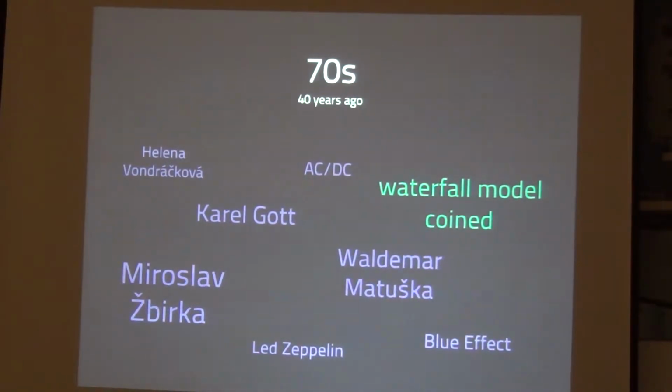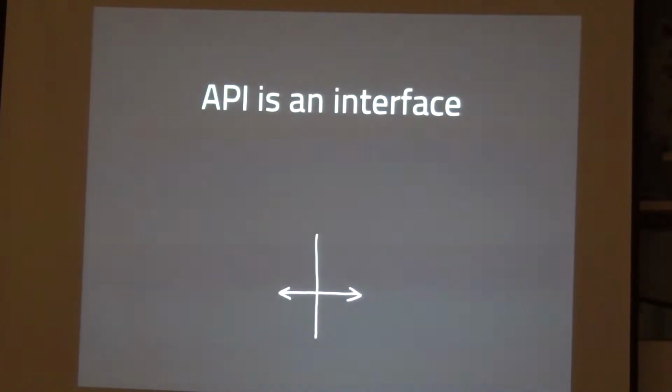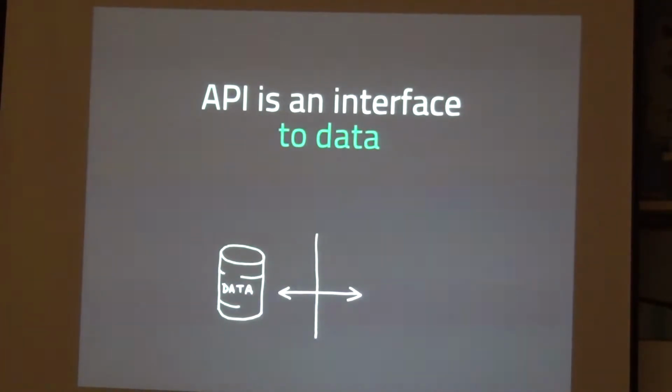I think the root of the evil is that many people don't realize one thing. I'll show you what. API is an interface. No, that's not what people don't realize. That's pretty obvious from the name, from the API. But API is an interface to data. Well, that's also pretty obvious. We all know that.